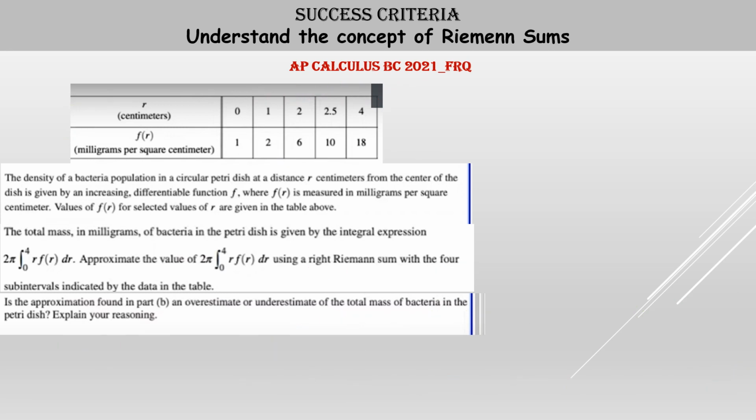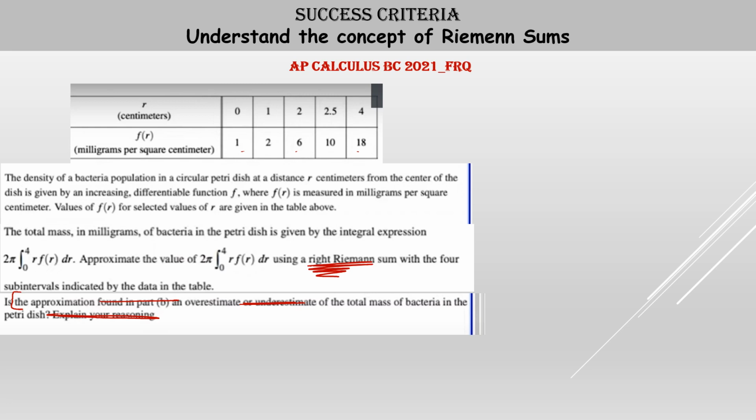Now they are asking whether the approximation found is an overestimate or underestimate of the total mass of the bacteria, and to explain your reasoning. So you will say that the approximation is an overestimate of the total mass of the bacteria in the petri dish because in the right Riemann sum the values are strictly increasing.